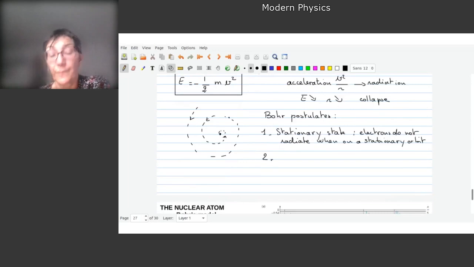The second one is the fact that we know that atoms emit light, so when does the atom emit light?